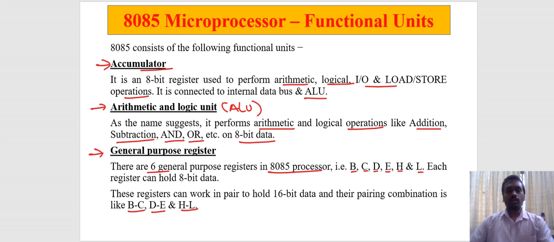Only these are the 3 pairing possibilities. You cannot use B and D together, or C and E together. These are the general purpose registers available in the 8085 microprocessor.